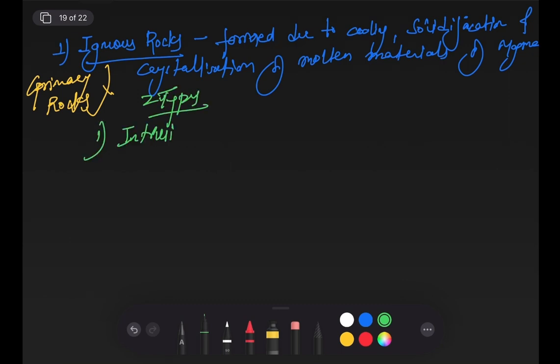First, intrusive. Intrusive rocks are simply rocks formed by the cooling of magma below the Earth's surface.